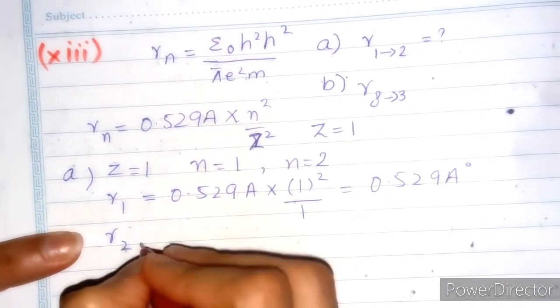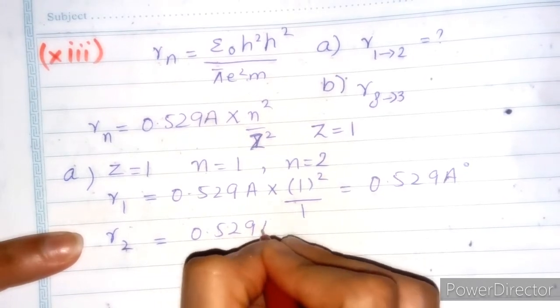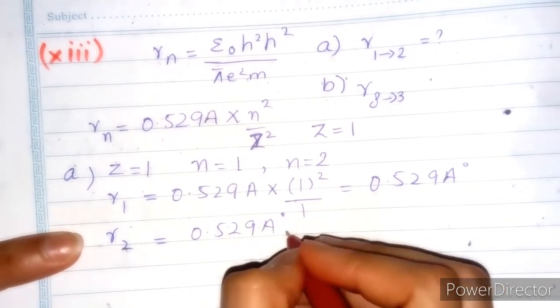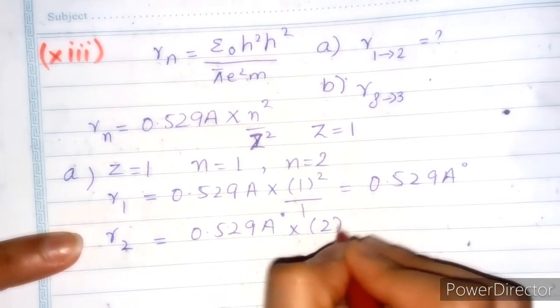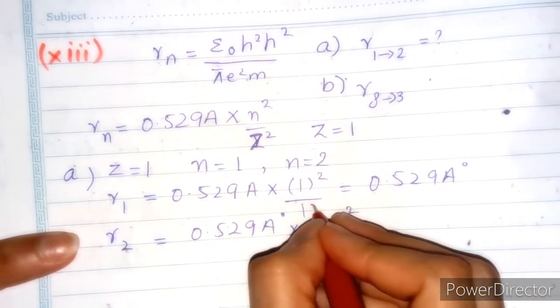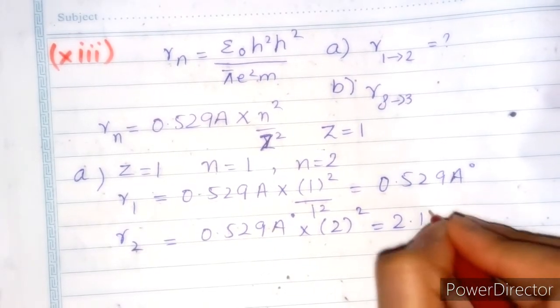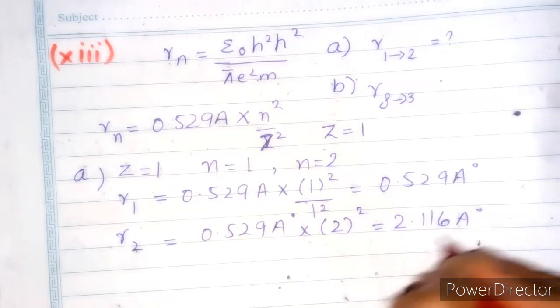Now R2, 0.529 A, then 2 square. In the place of n we put 2 square. No need to write Z. Answer: 2.116 a naught.